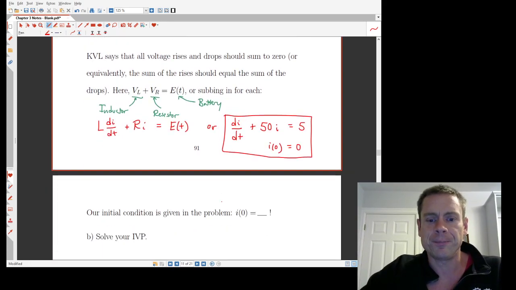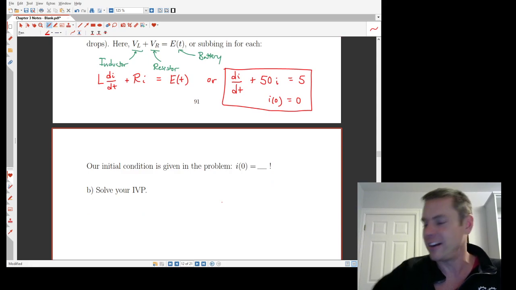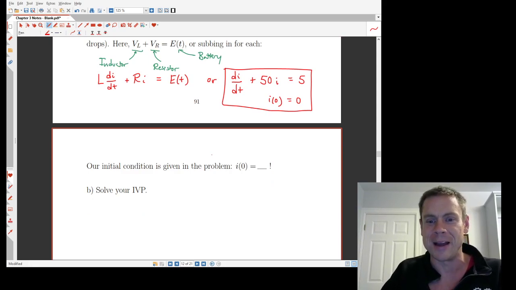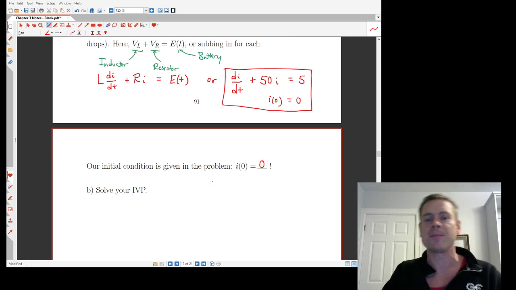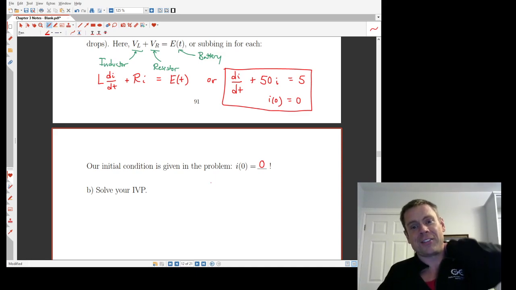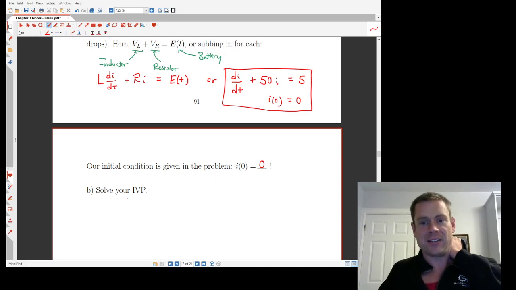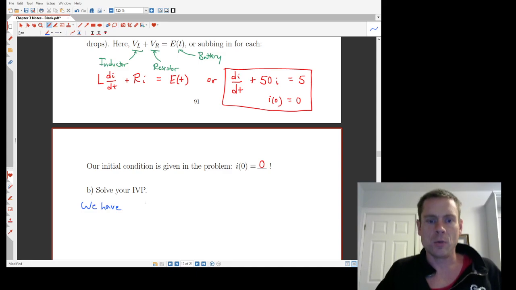So let's see. On the next line, I said our initial condition is given in the problem, I of 0 equals 0. So we're going to work with that, and all we're going to do is solve this thing. We have di by dt plus 50I equals 5.